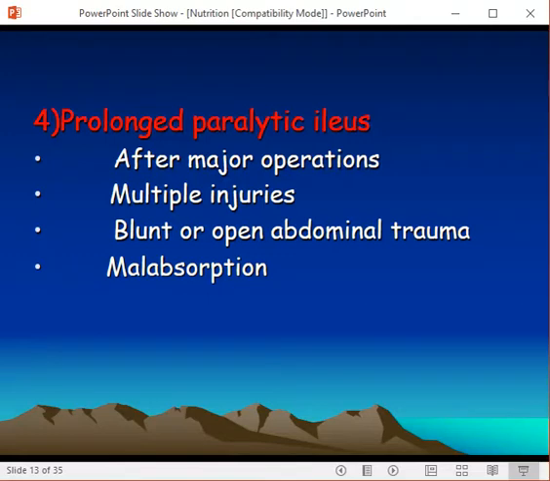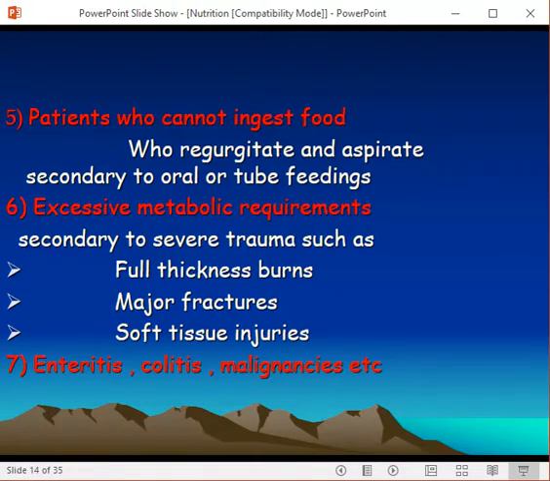And then if the patient is in prolonged paralytic ileus after major operations, multiple injuries, blunt or abdominal trauma, malabsorption, the patient who cannot ingest food, who regurgitates and can aspirate secondary to oral or tube feeding.